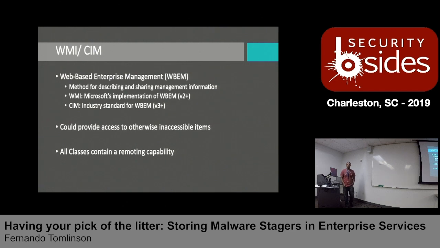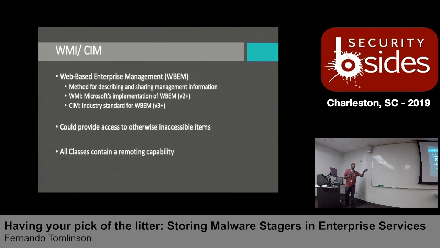WMI and CIM, right? So from this perspective, WMI was Microsoft's implementation of WBEM. WBEM's like how we're going to share information across a subset of machines. Within the last couple of years, Microsoft has gone away from that and went to CIM, which is Common Information Module or Model. Both of them somewhat do the same thing.